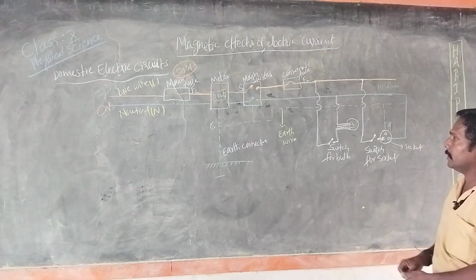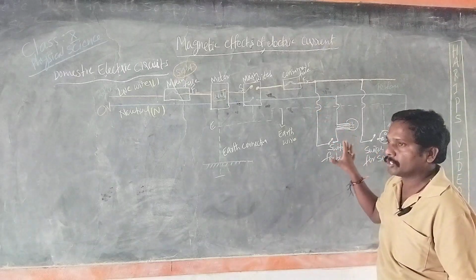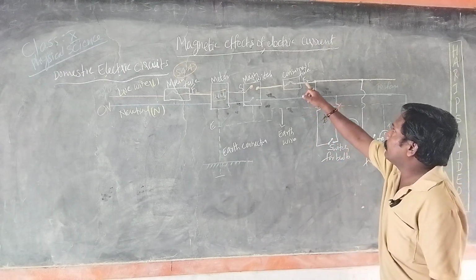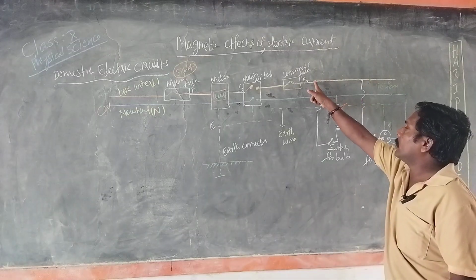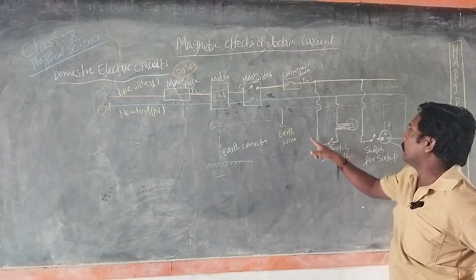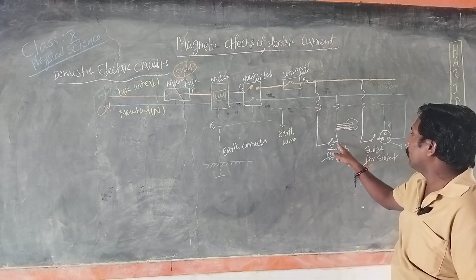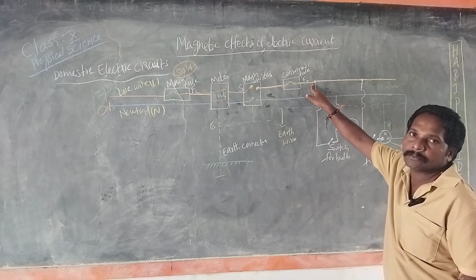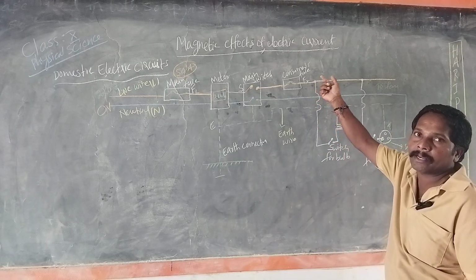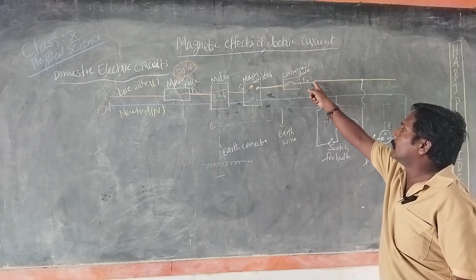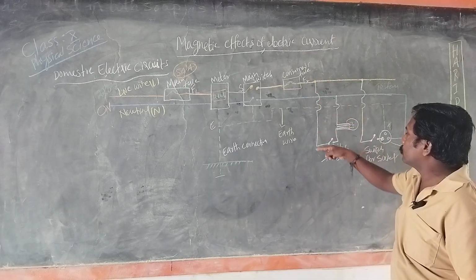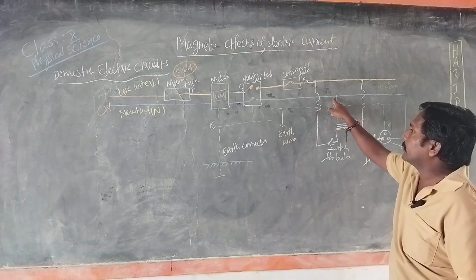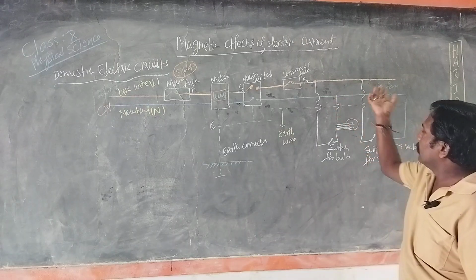So whenever you want to give a connection to the bulb, one end goes to the live main supply wire and the other end is connected to the neutral.